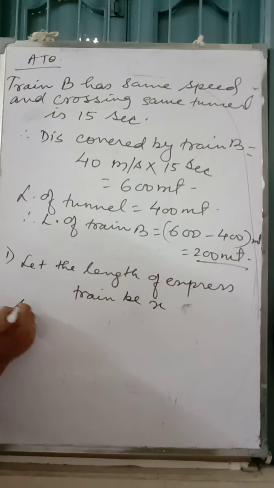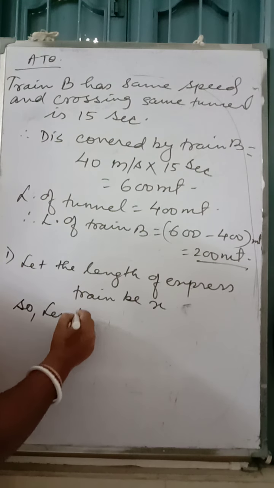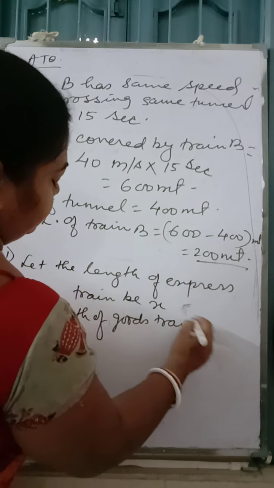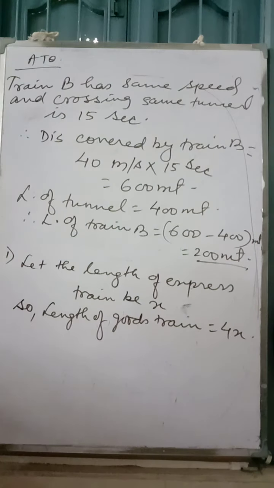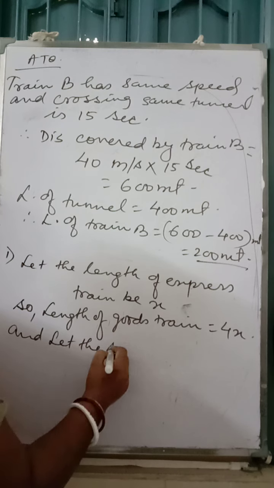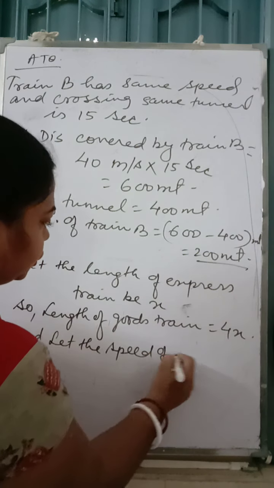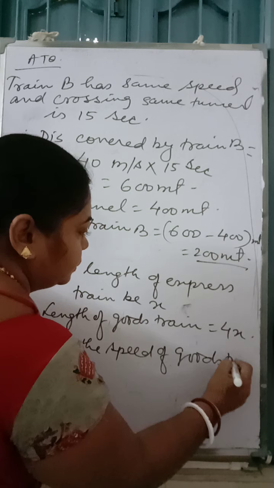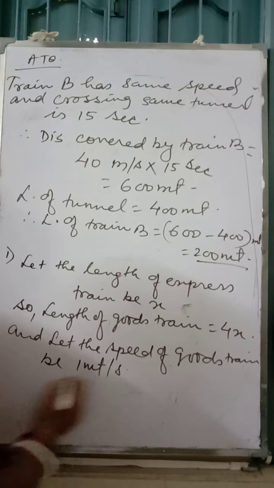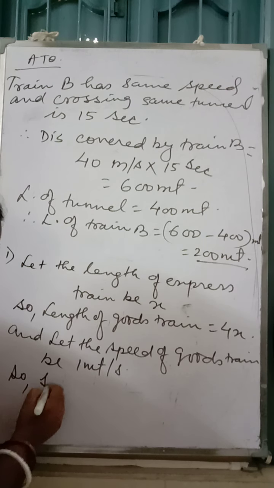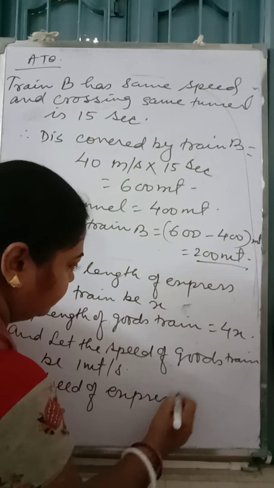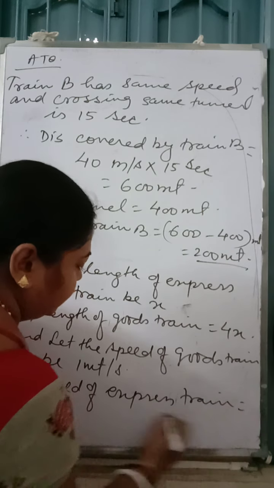So length of goods train is 4x, and let the speed of goods train be 1 meter per second. So the speed of express train is equal to 3 meter per second.